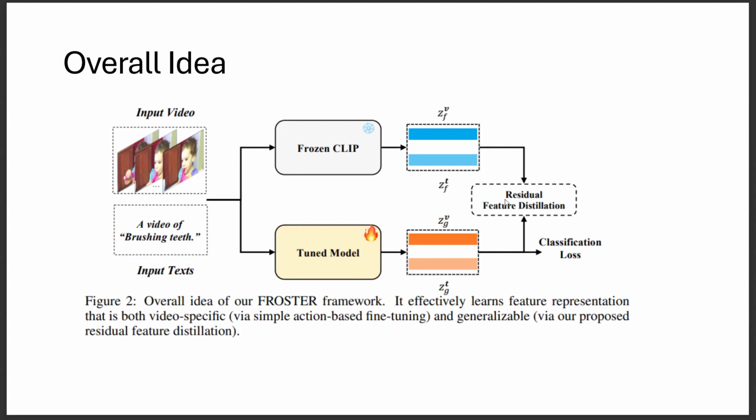I'll go into much more detail on what this residual feature distillation is, but basically you can think of it as some sort of MSE loss using a residual adding technique, to force the student model to not be vastly different from the teacher model.